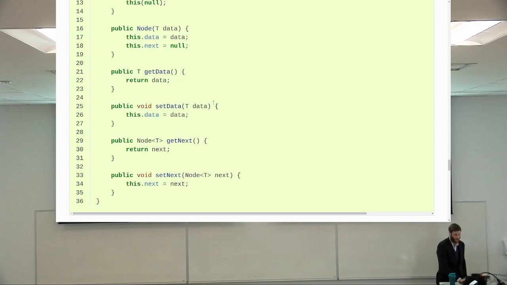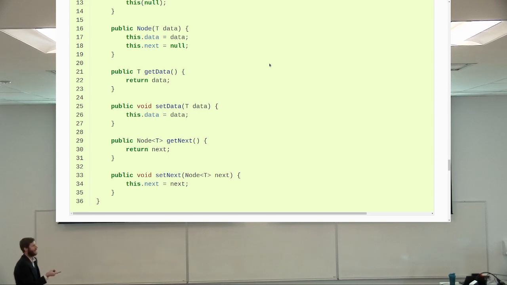That's all to say we have our getters, but we also have a setter for each of the 2 fields. A getter, an accessor, is to get some information. A setter is to mutate, a mutator. So getters are called accessors. Setters are often called mutators because they mutate the contents.